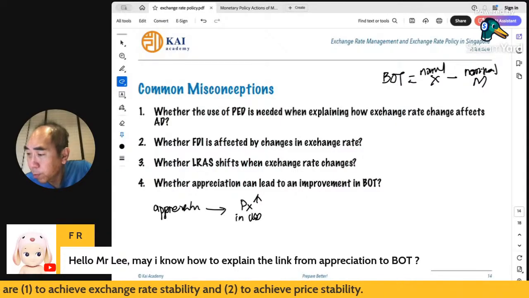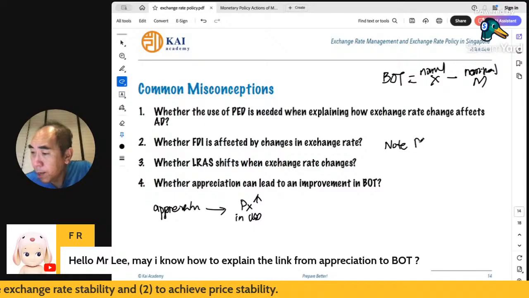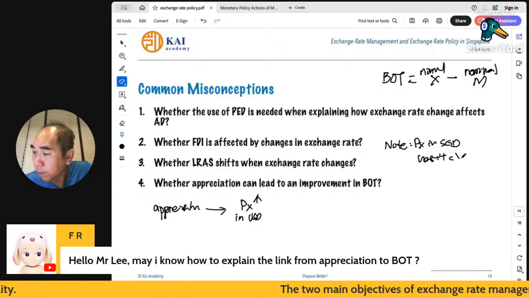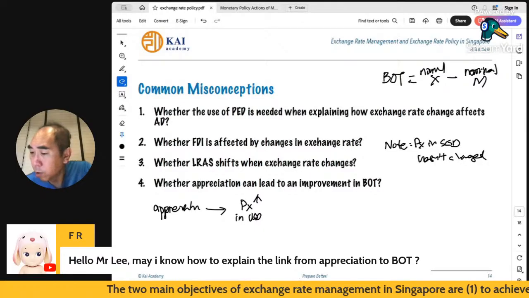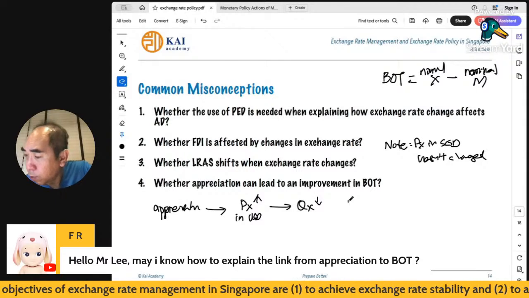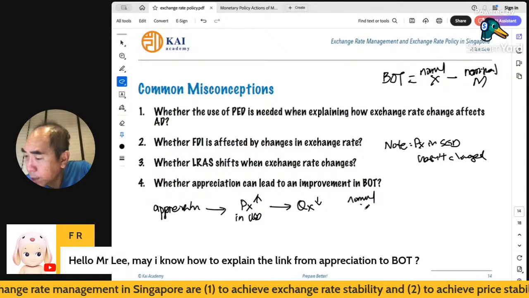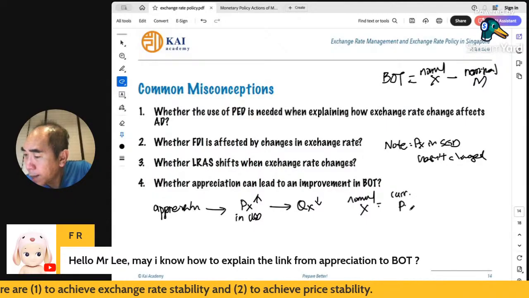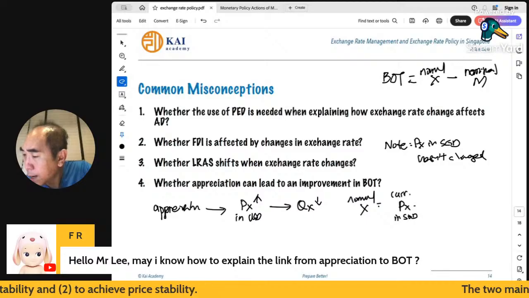So note PX in SGD hasn't changed. So when your PX rises, your QX falls. Your nominal X today is current PX in SGD times current QX.